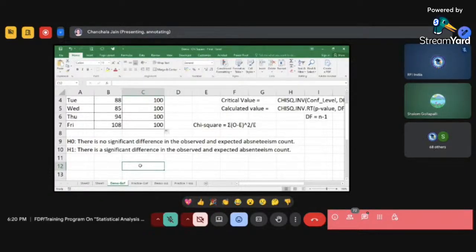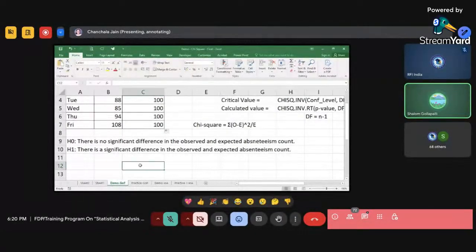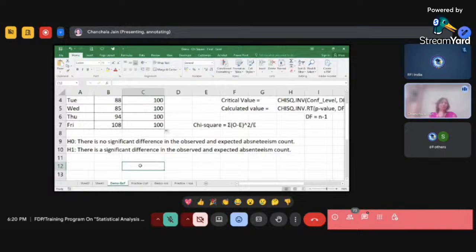Very good. And like ma'am said, we'll consider p-value. If it is less than 0.05, then we will reject the null hypothesis. If it is more than 0.05, we will accept the null hypothesis. Very good. Thank you so much, ma'am. Ma'am has made my problem very easier now.